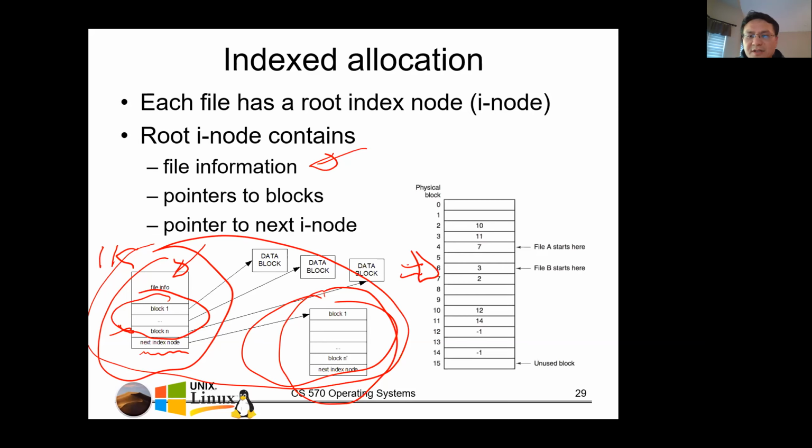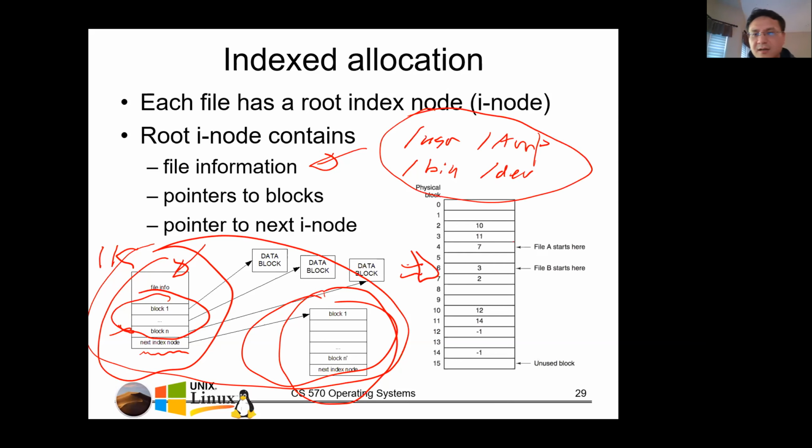Inode 0 in Unix is also a directory file. Under the root directory, you see all those system directories like /usr, /bin, /tmp, and /dev. You have all these folders there.